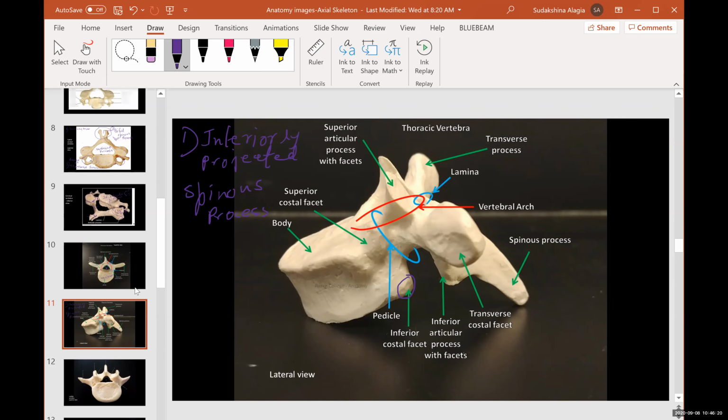That's referred to as a demi-facet, what they're calling costal facet. So I'm going to write that: superior demi-facet, inferior demi-facet. So this cut and this cut. From the image, you can see like a dip there. That's what a demi-facet looks like. This is a plastic bone.